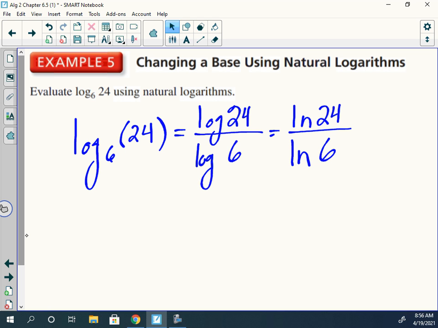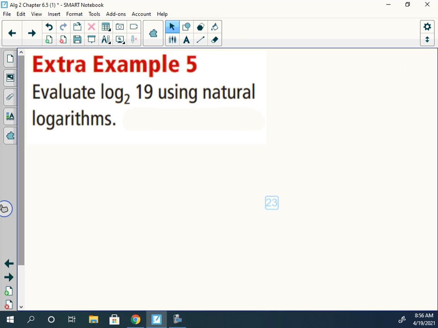And that's all we'd have to do for these. Now these specifically ask for the natural logs, but especially on the test, I will ask for both. Rewrite it as common logs and natural logs, and that's all it's asking for.